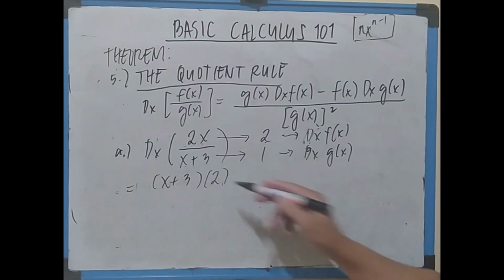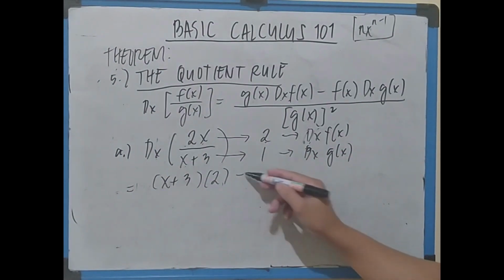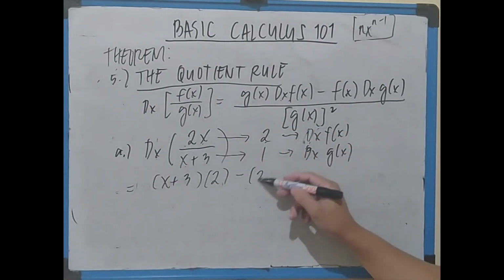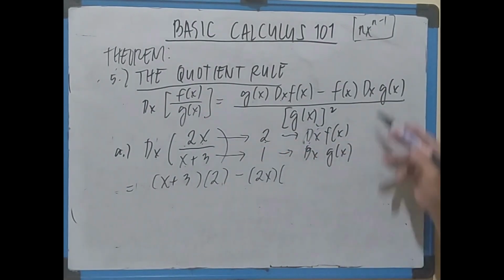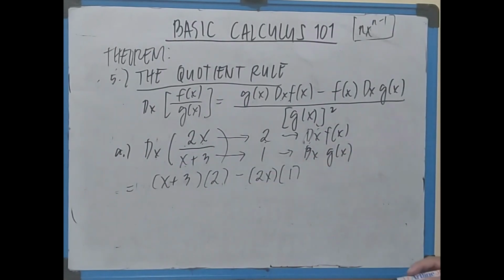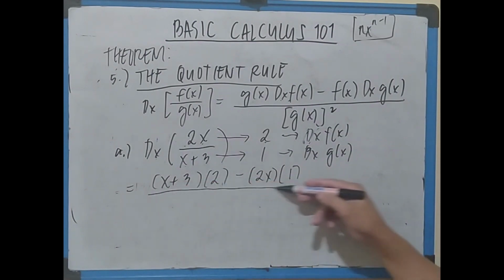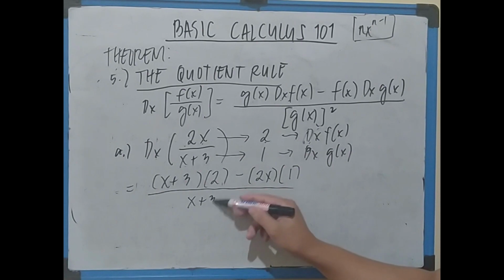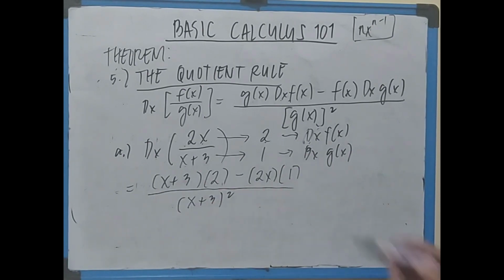We have times 2. Then, minus, we have f of x, ito po, 2x, multiplied by the derivative of g of x, that is only 1. Then, yung nasa baba po niya, since g of x po ito, square, kunin lang natin ang g of x, which is x plus 3, and square.